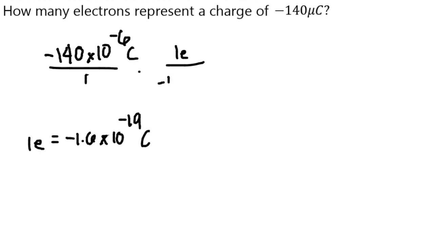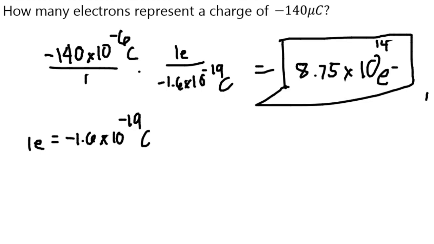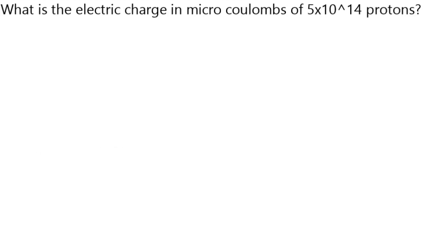We can cancel the coulombs, and so the answer is going to be 8.75 times 10 raised to the 14 electrons. So this is how many electrons are present in negative 140 microcoulombs.